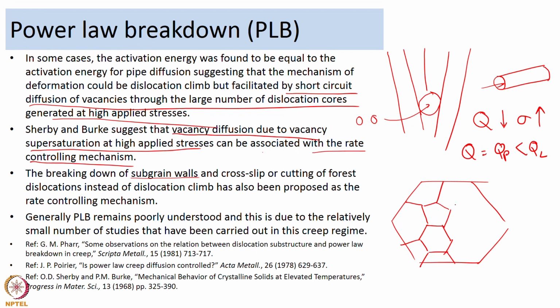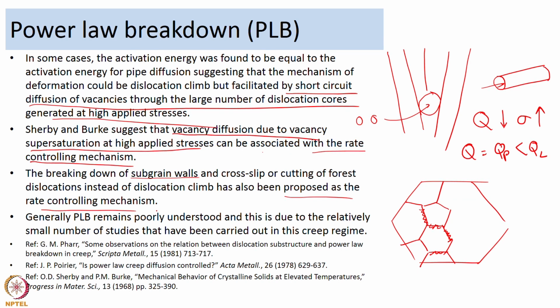One mechanism that has been proposed is that these walls tend to break down in the power law breakdown regime, and another mechanism that has been proposed is cross slip of forest dislocations. Since you are going to have a large number of dislocations, and in the presence of high stresses the dislocations move, there can be a significant amount of cross slip or cutting of forest dislocations happening, and this could also be the rate controlling mechanism in this regime.